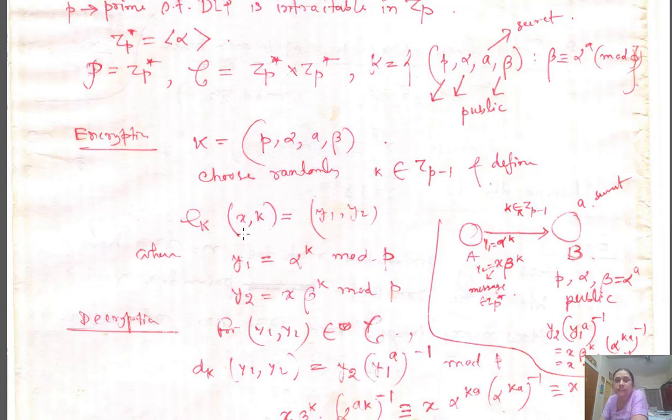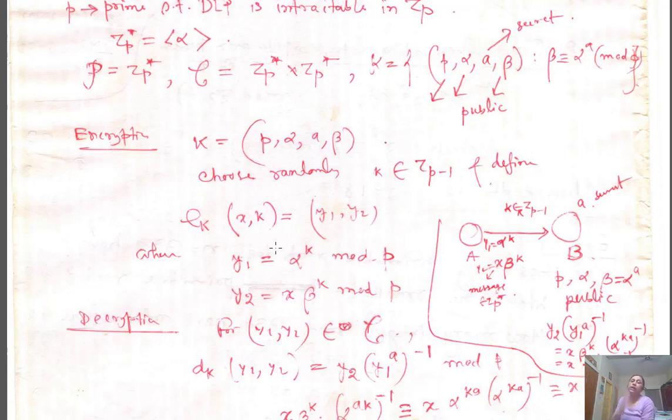Unlike RSA, in the ElGamal encryption process we introduce randomness. Some random element k we choose, and alpha to the power k and x times beta to the power k are computed modulo p.